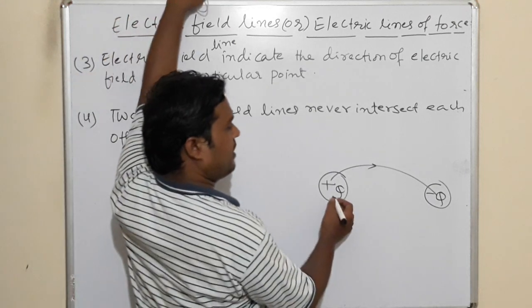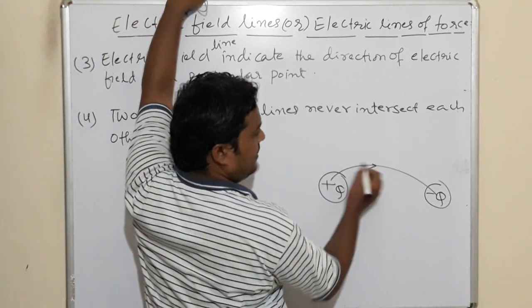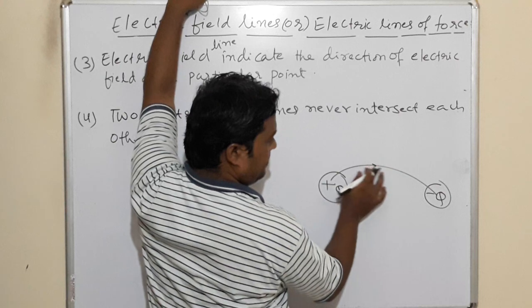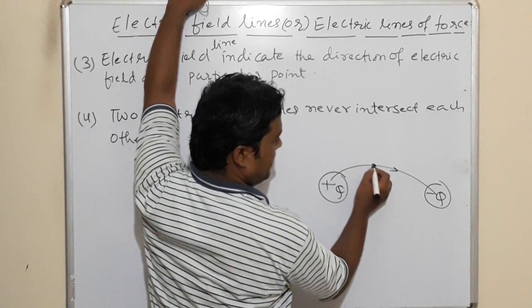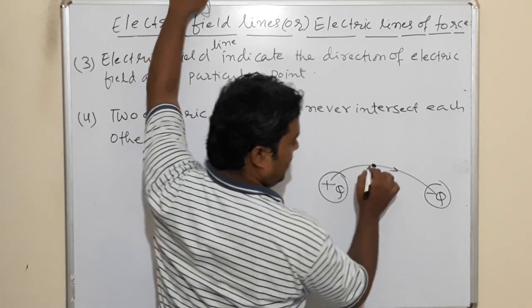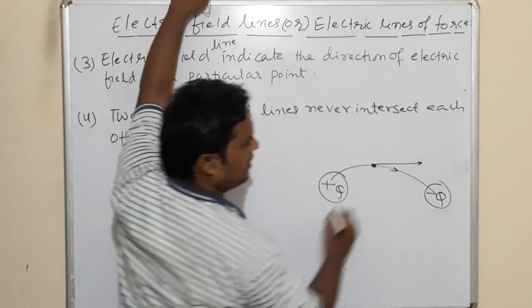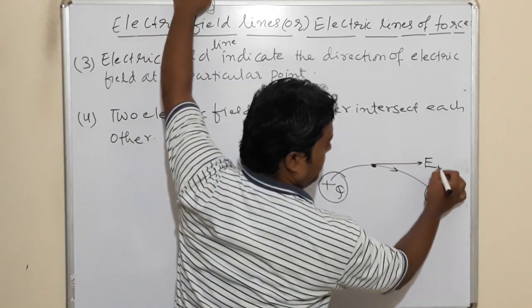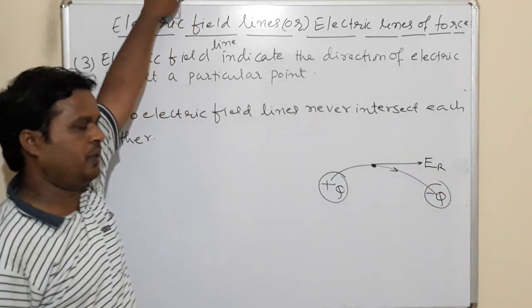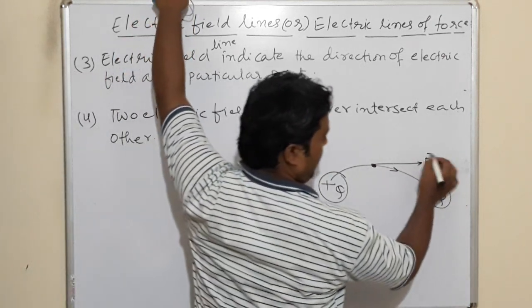Suppose at a particular point I consider this as a point. If I draw a tangent here, then this tangent will give the idea of the resultant electric field, which is a vector.